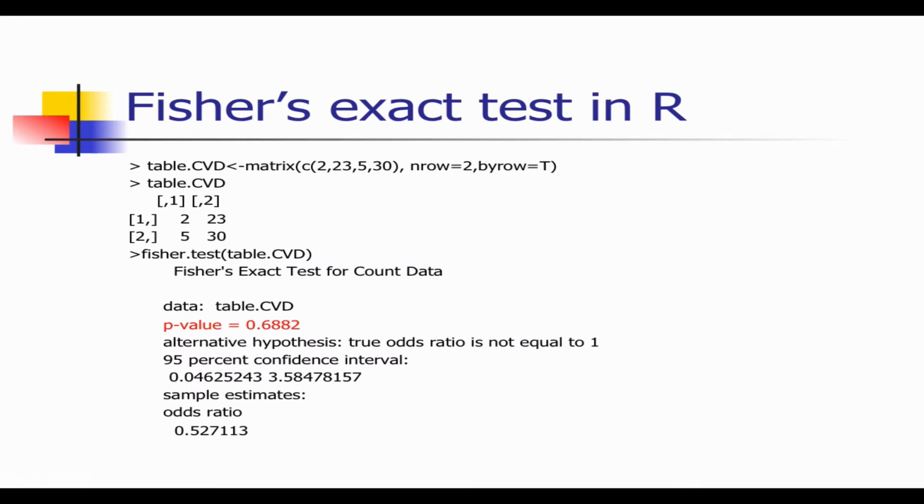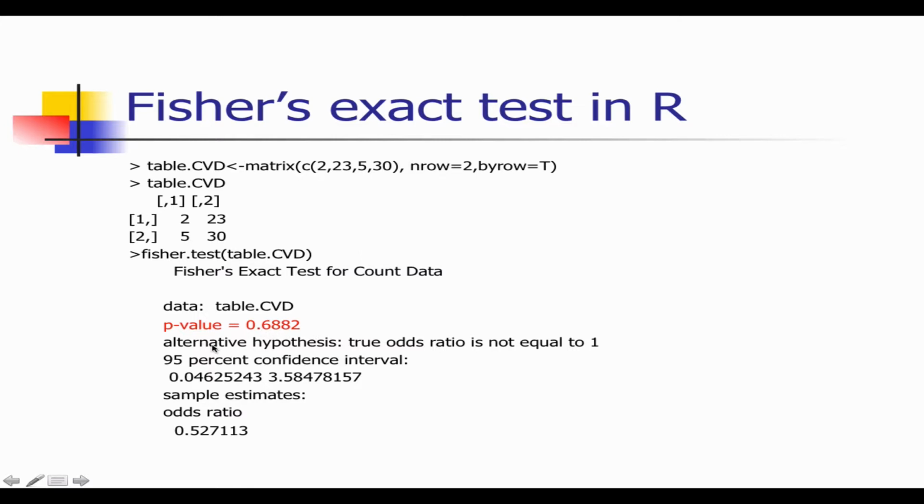I put some R code here because in R, performing Fisher exact test is fairly simple. You give it a table input right here, and then you use this fisher.test, and you give this input right here, and then you get a p-value of 0.68.